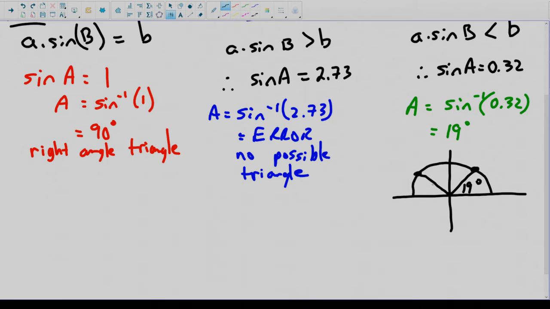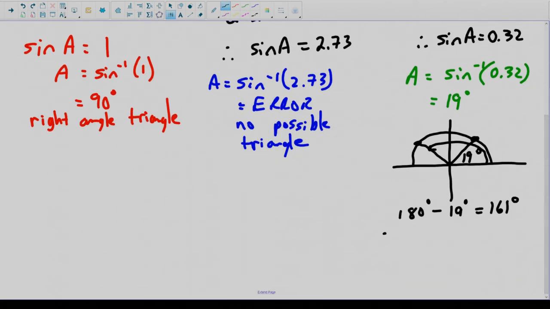The mirror image of that angle, which would be 180 minus 19, which is 161, right? So there's actually 2 separate answers to this question. Which means 2 different triangles could solve this question.